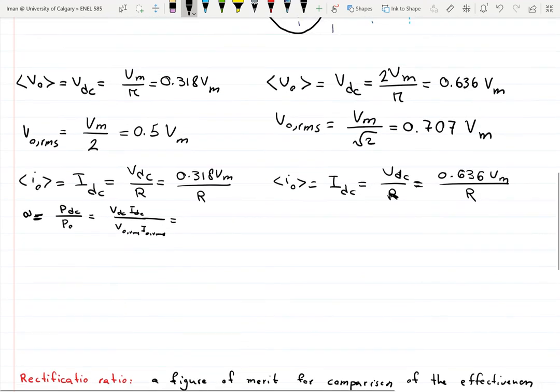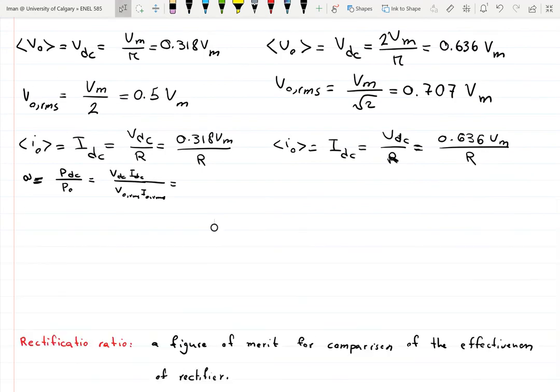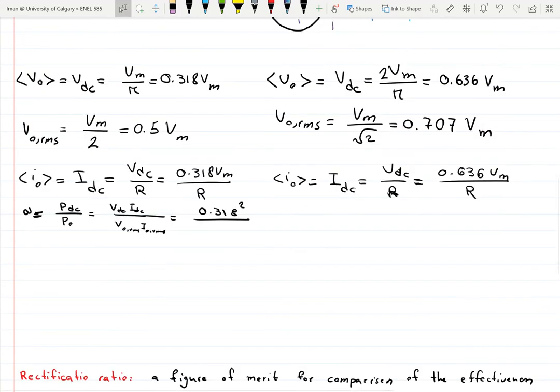So that would be 0.38 multiplied by 0.38 Vm squared divided by R. So we would have this to the power of 2. And then we would have V out RMS, which is 0.5. And then I out RMS where we didn't define.